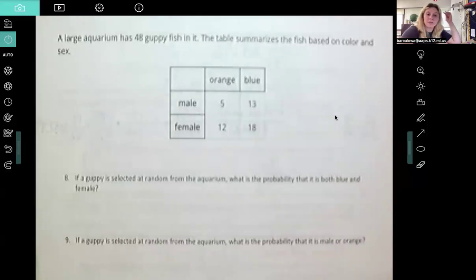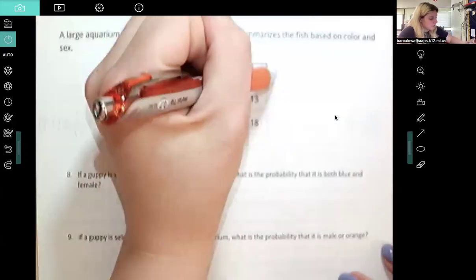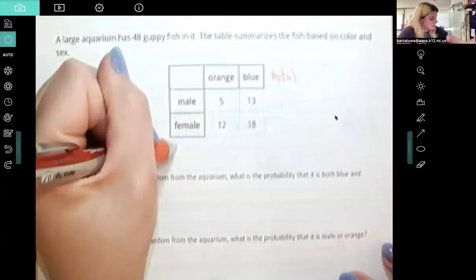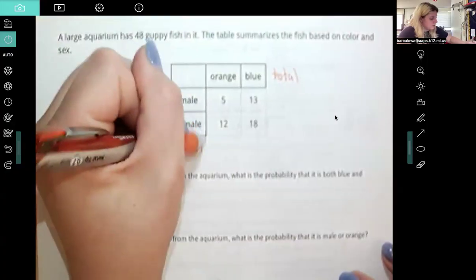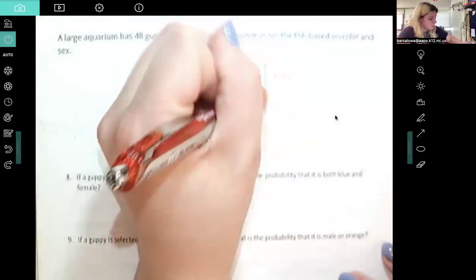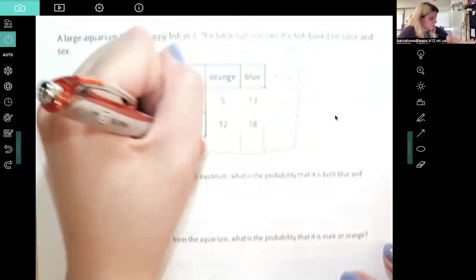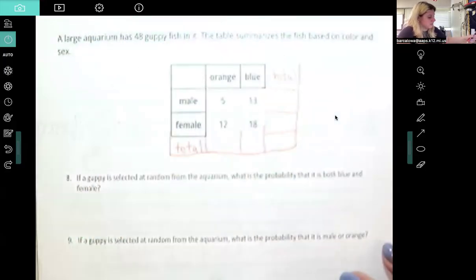A large aquarium has 48 guppy fish in it. The table summarizes fish based on color and sex. I'm noticing right away there's no total column. You can always add your own. There's my total.